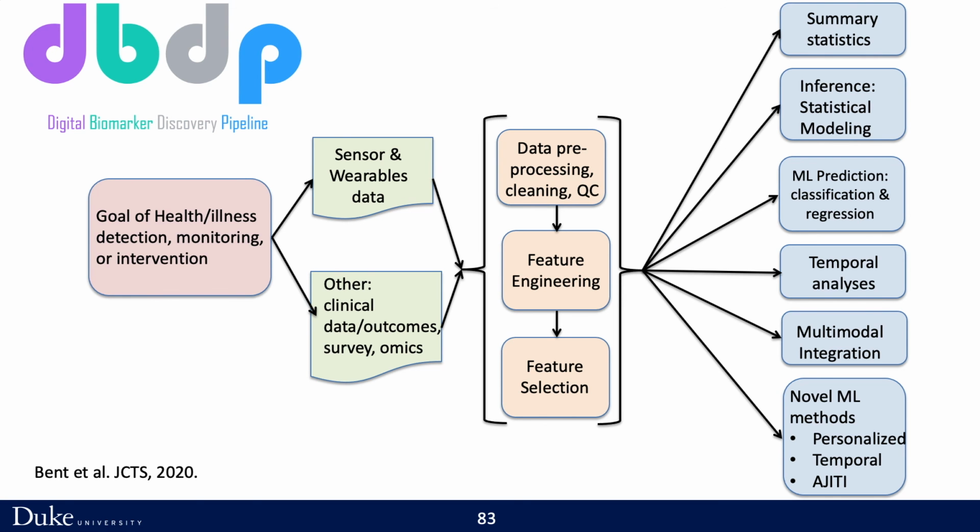The platform itself has a variety of different modules, and so these are modules that have been developed not only by our lab but also by others in the community. We've collaborated with several other institutions that are developing their own pipelines for wearables and biometric data analysis, different methods for pre-processing, for reformatting data, for developing features from data, for performing feature selection and developing different prediction algorithms, or understanding the relationship between the wearable or biometric data and some outcomes of interest.